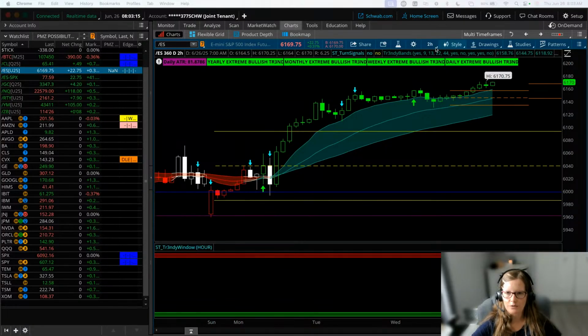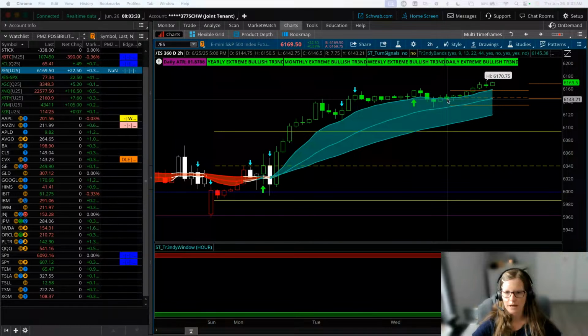I like to use a 2-hour chart for my day trading zones. And so if I look down and to the left, you can see that yesterday was a day of consolidation. We really did not have a wide range to trade yesterday.